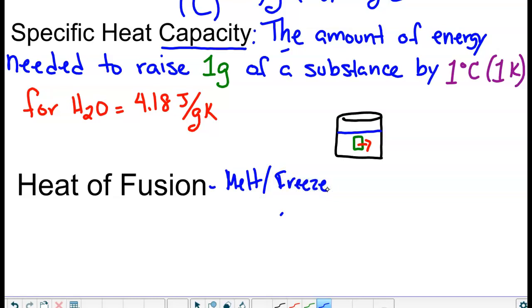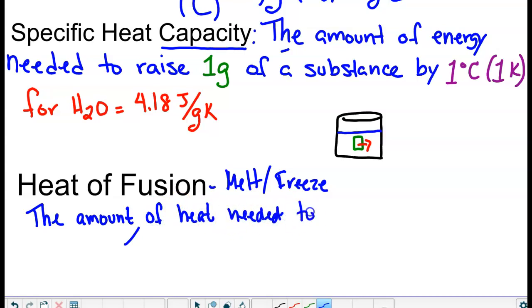So instead of saying specific heat capacity is the amount of energy needed to raise the temperature, when something is melting, it's not changing its temperature. So we don't need to worry about that temperature term, but instead heat of fusion is defined as the amount of heat needed to melt 1 gram of a substance.